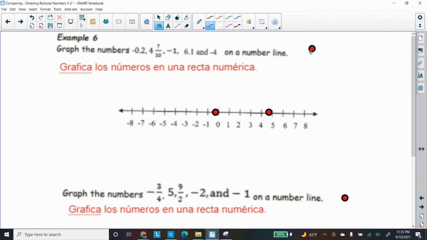The next one is -1. Well, I'm going to put that right on there. There's -1. And then I got 6.1. So let me go to 6. And 0.1 is just a little bit past there. And I got -4. So let's drag that to -4 and put that dot there. So that's what we're doing, graphing these points by putting a point on each one. That's what our points look like after we graph this set of numbers, integer, rational numbers.